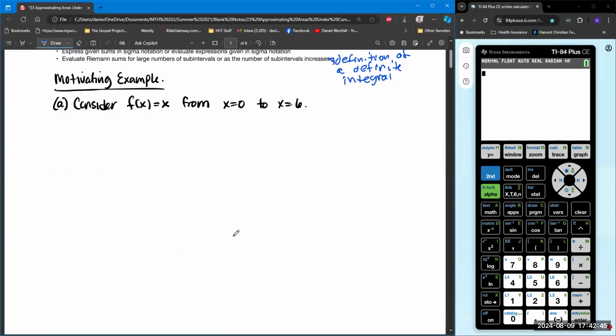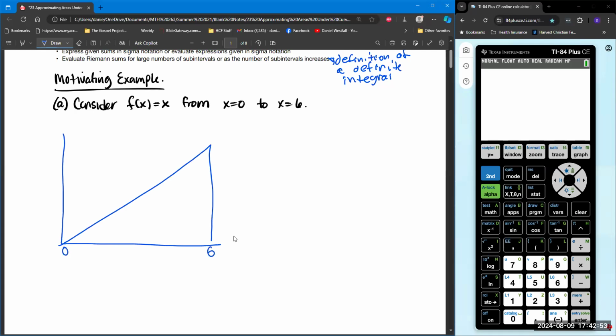So let's consider the function y equals f of x going from 0 to 6. This endpoint down here is 0, 0. This endpoint up here is 6, 6. And let's start asking what the area of this shaded region under this line is.